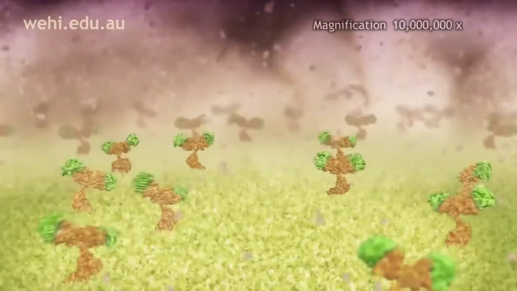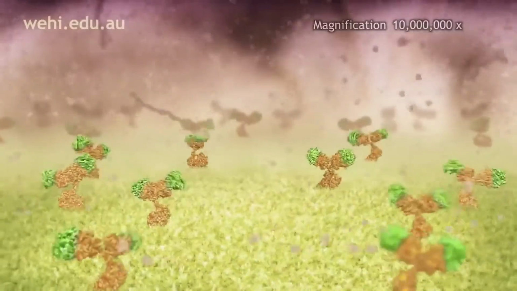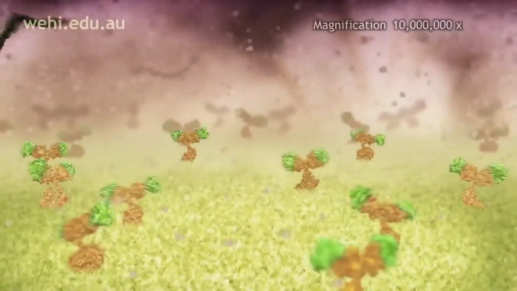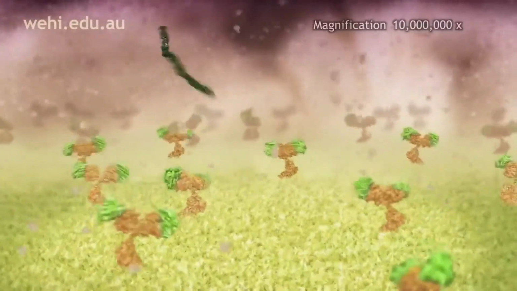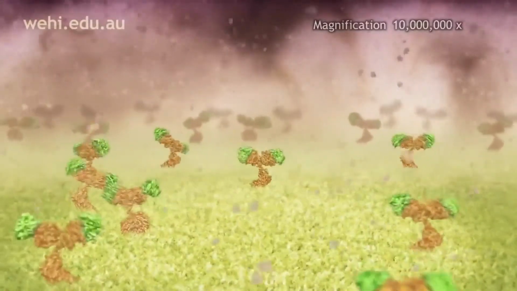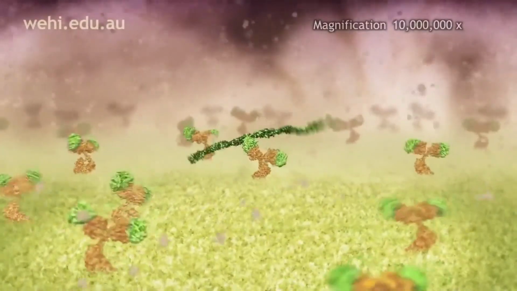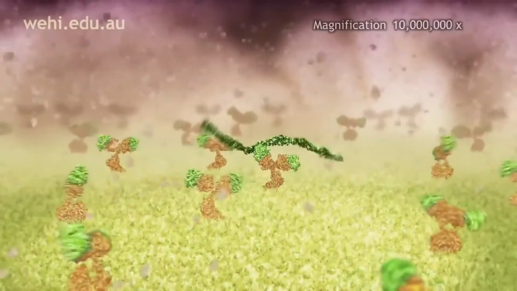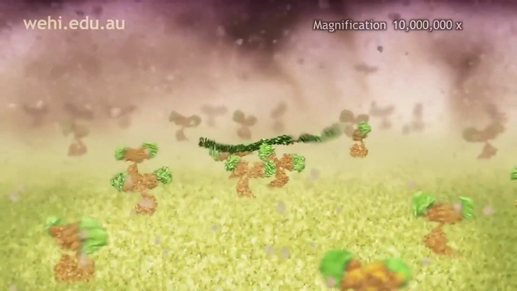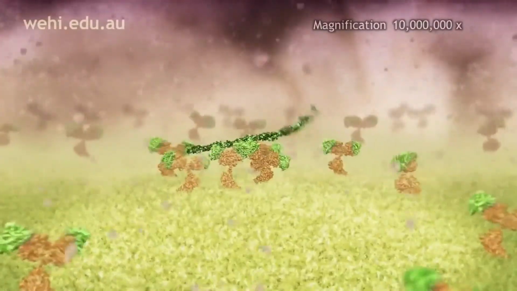This is the molecular surface of that B cell, magnified 10 million times. Its surface is covered with receptors that recognize M protein. The receptors grab onto the M protein hairs.